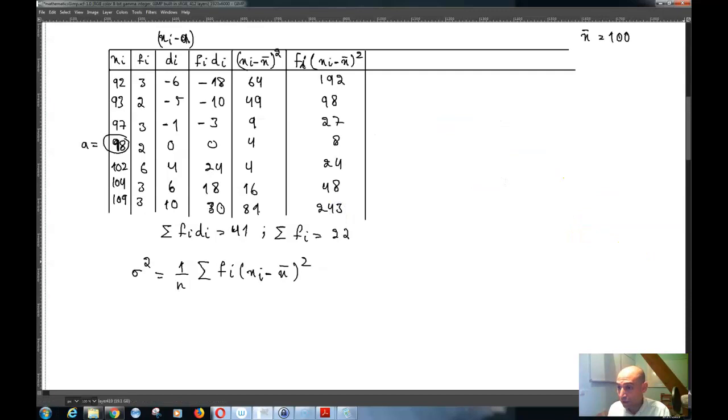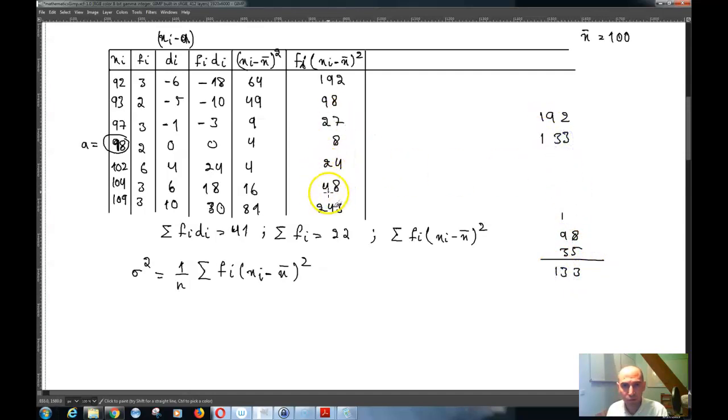Well, and if you add all of these numbers together to calculate sigma f of I times x of I minus x bar all squared, you would get 192, 98, 27, 8. What is that? 27 plus 8 is equal to 35. 35 plus 98 is equal to 133.